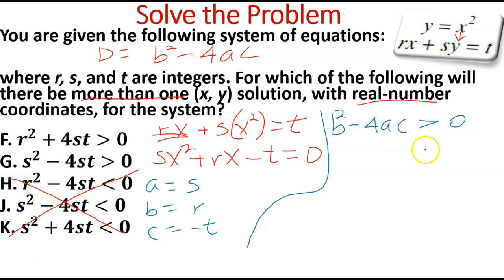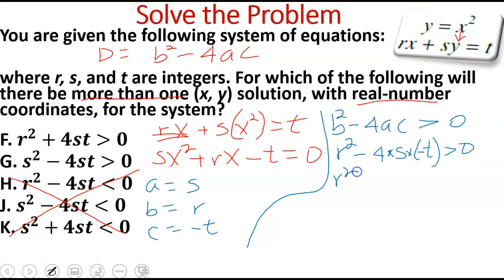If we write this inequality, that's what will give us two real solutions. So we substitute and simplify. Our b is r, squared, minus 4 times a, which is s, times c, which is negative t. It has to be greater than 0.